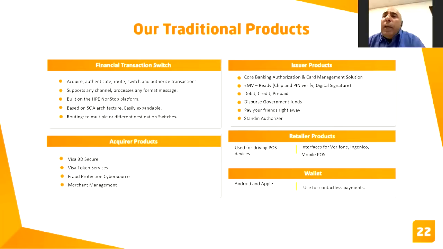On the channel side, the OmniPayments switch supports ATM devices and point of sale devices. It supports e-commerce channels. So all of these channels can connect to OmniPayments using the traditional ISO formats, the MPOS formats, as well as different ATM or POS formats.